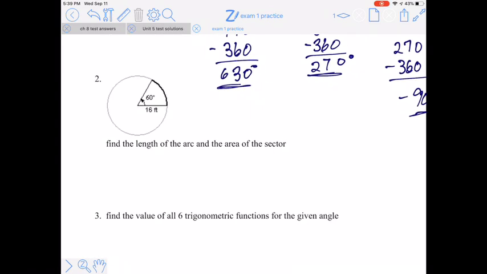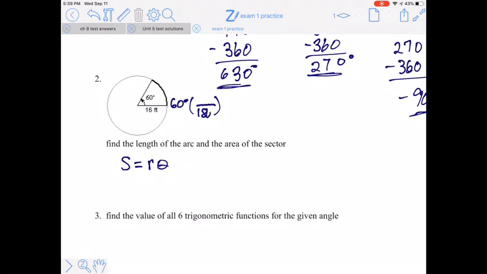Okay. Find the length of the arc and the area of the sector. Couple of formulas to remember here. Arc length, S equals radius times the angle, but you need to remember something particular about the angle. Angle has to be in radians. So 60 degrees needs to be converted into radians out of degrees.